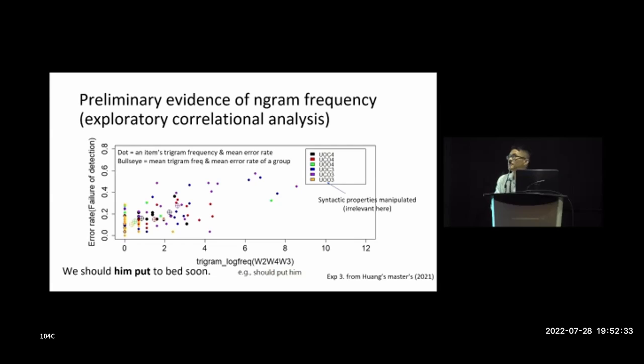Again, the syntactic manipulation is irrelevant here, but most importantly, what we see are high correlations between log trigram frequency and the detection failure. This is so both across experimental conditions and within experimental conditions. So the strong correlation hints at a potential effect of local n-gram frequency on misreading.